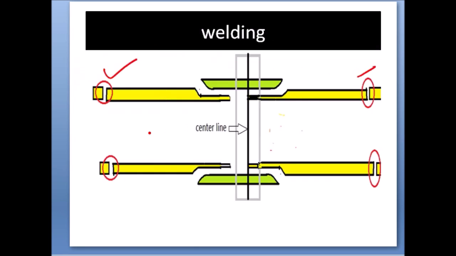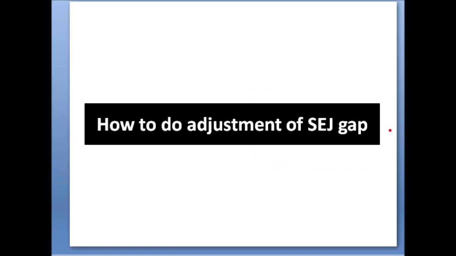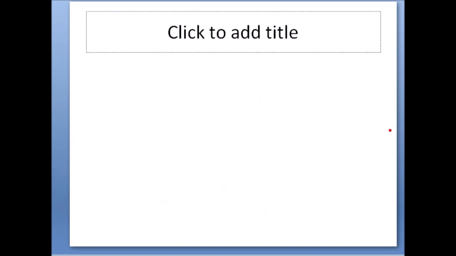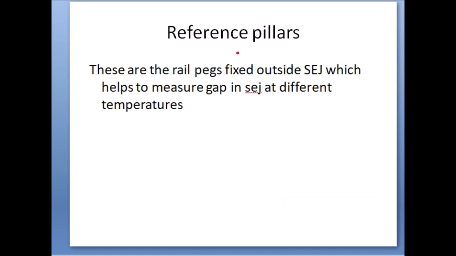And if the position was not correct, then you need to adjust. So how do we adjust the SEJ gap? For that you should have a concept called reference pillar. What is this reference pillar? These are rail pegs fixed outside the SEJ, which help to measure the gap in the SEJ at different temperatures.